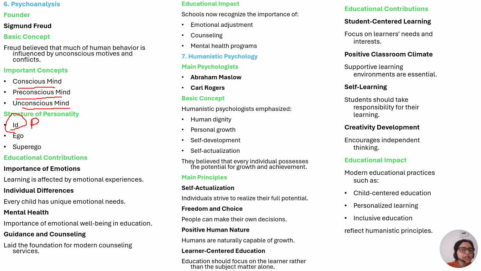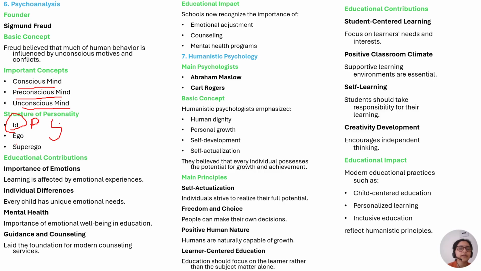It may be bodily pleasures or it may be aggressive. You are angry at somebody and you immediately scold him. That is gratification of the senses. The id deals with the senses.